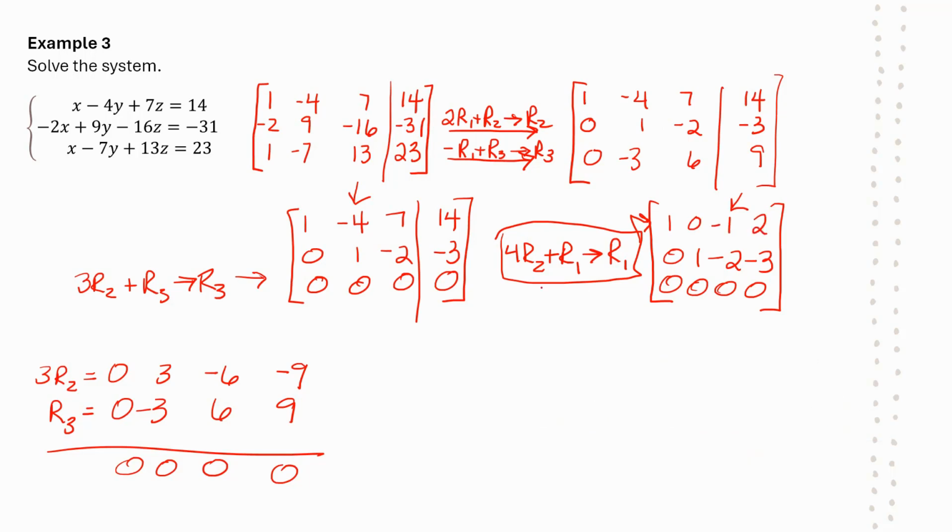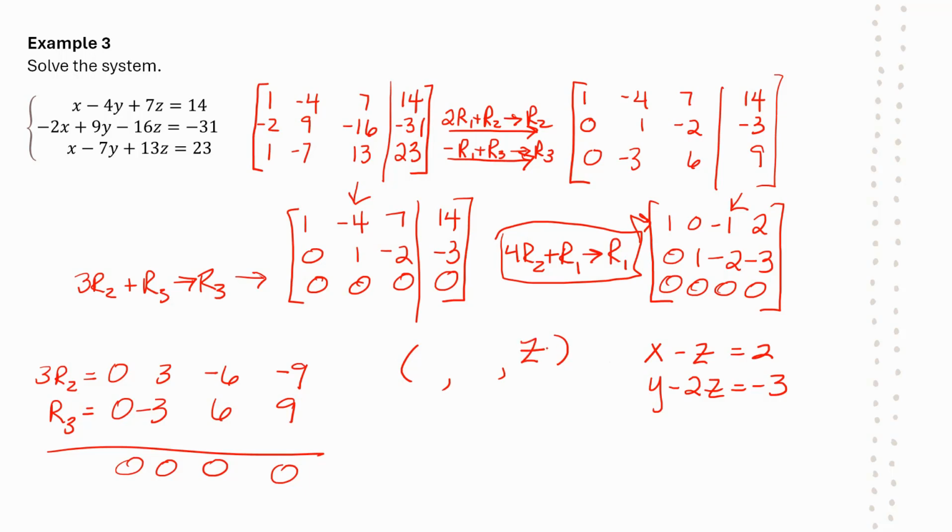Since the equations represented here are x minus z equals 2 for the first row and y minus 2z equals -3 for the second row, both of the equations have z. So we could write our solution in terms of z, because we can write x in terms of z and y in terms of z.